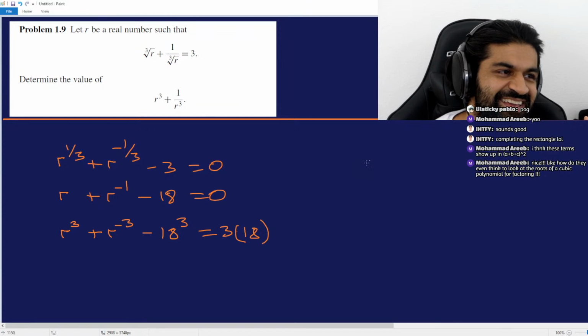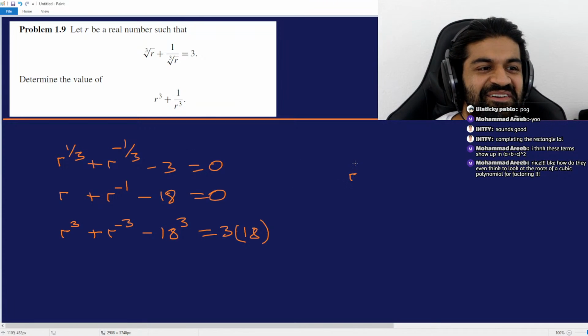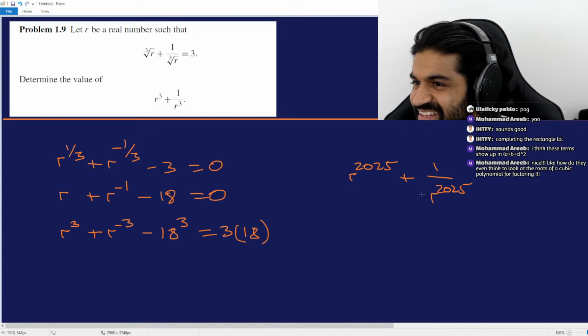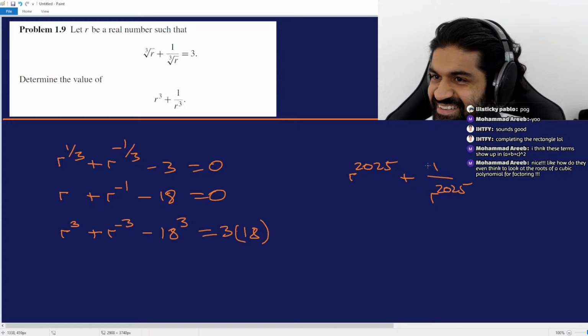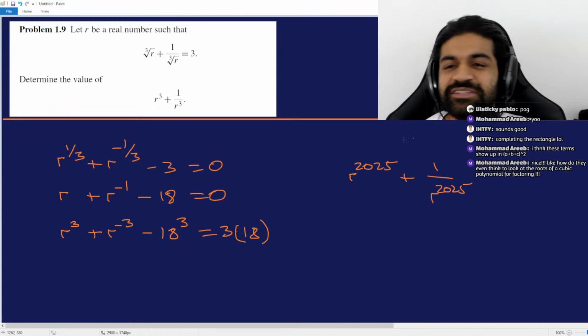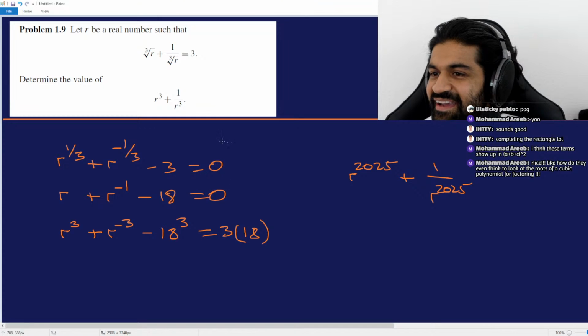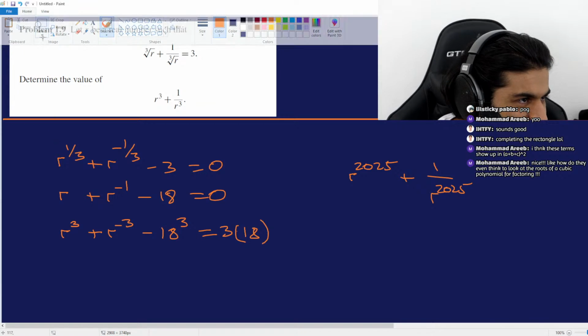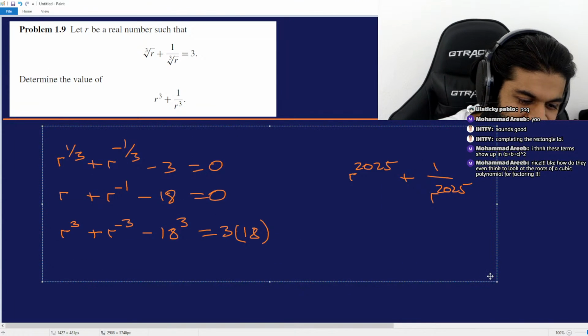You would definitely do something like, tell me what r to the 2025 plus 1 over r to the 2025 is. You know how they think. They always use the year in those problems. But you can solve for something like that by just repeating this particular thing over and over again. This is very fast.